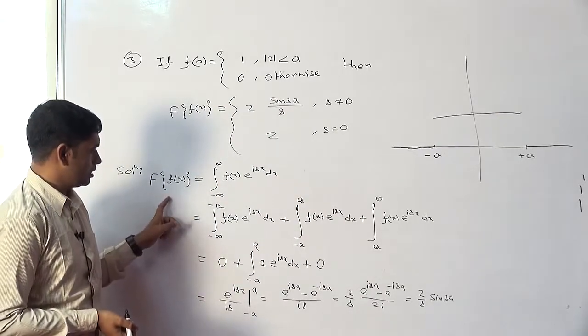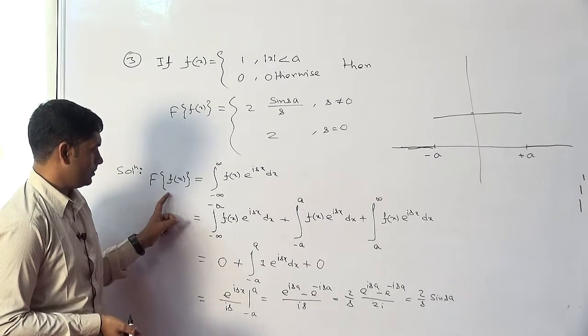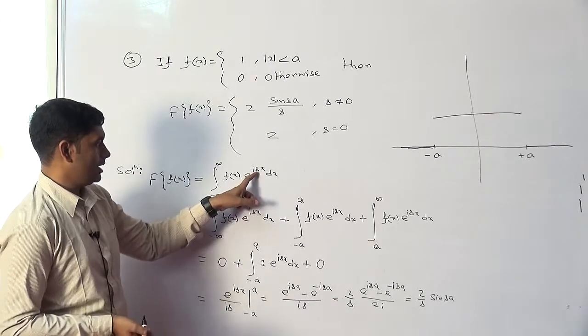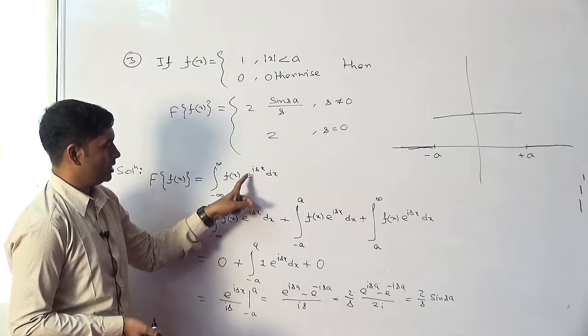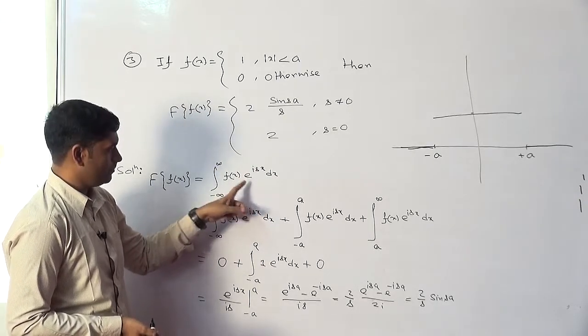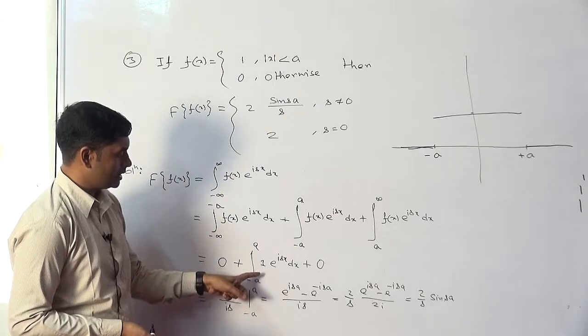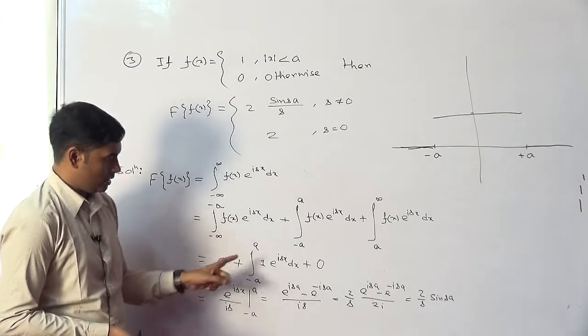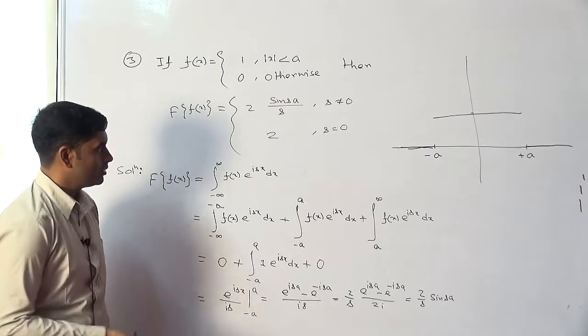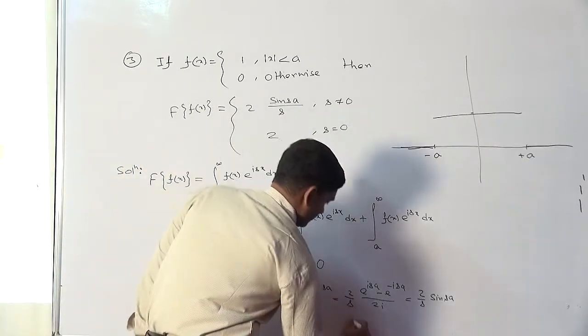Now we put s equal to 0 here in the definition, then e to the power i0x is e to the power 0, so this is 1, so only this integration will remain, minus a to a of 1 dx, so this value will be twice of a.